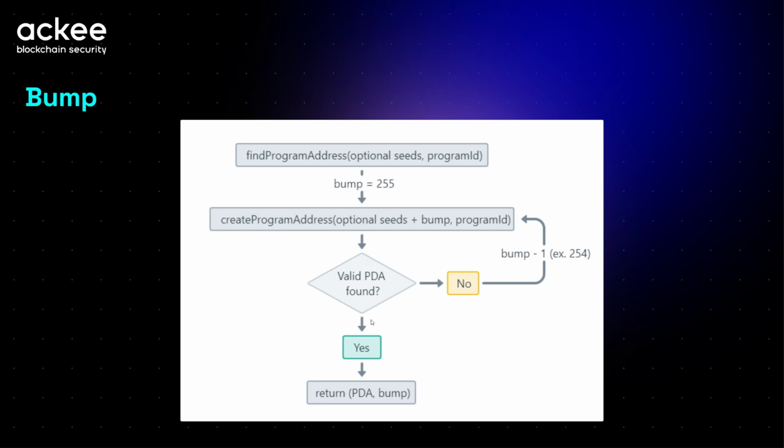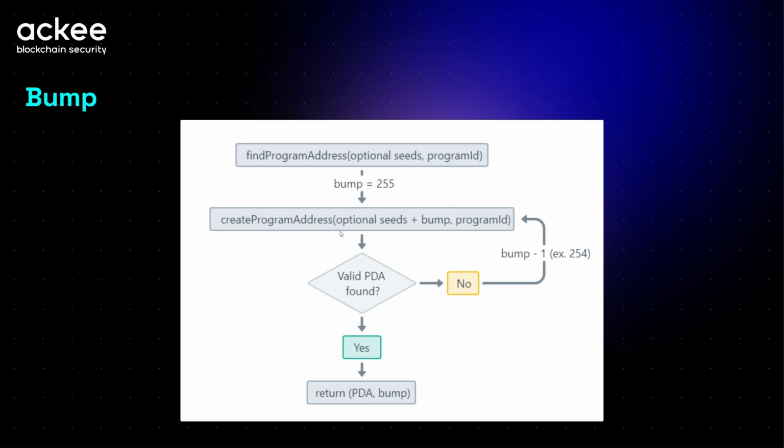Here is the check if the address is a valid PDA. That means if it lands on the curve or not. If no, then yes, it is a valid PDA, and we are basically done. If it is not a valid PDA, then we go to this no branch. We decrease the bump by 1, so we go to the number 254, and we do it again.